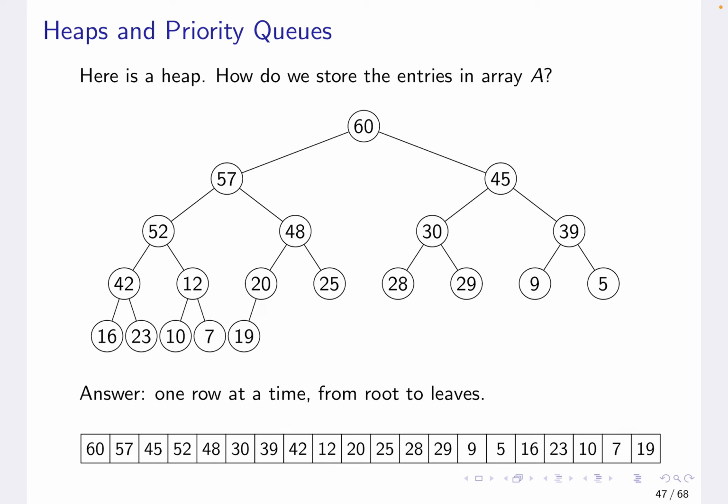So we might be able to figure out a pattern of where these children are stored. It seems like if we want to find the child of 60, we just go to the next node and the one after that. But then to find the child of 57, that is a tiny bit farther in the array.